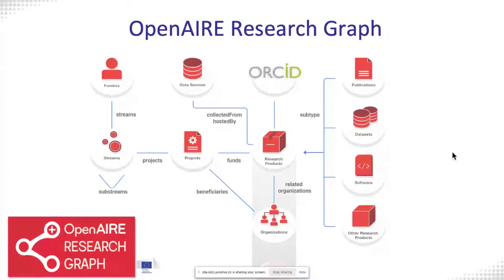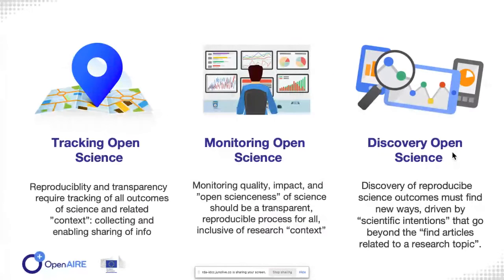And of course, this graph is what we use to provide several consumers of the graph with information that is relevant for different purposes. So in a way, we want to track science. We want to be able to rebuild the map of science, the resources that scientists are sharing. So services, products like publications, data, and software. We want to relate them with the funders or the projects behind them.